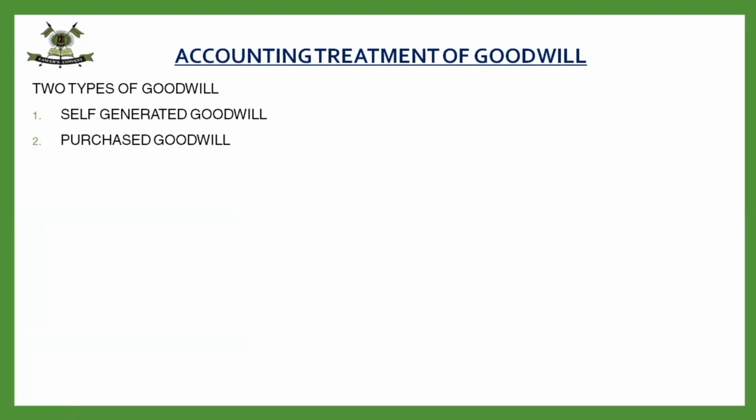If you have purchased any running business, then the goodwill of the business purchased is purchased goodwill. Now, children, I want the answer from you. Out of these two, which one is recorded in the books of accounts? Out of self-generated goodwill and purchased goodwill, which one is recorded in the books of accounts?